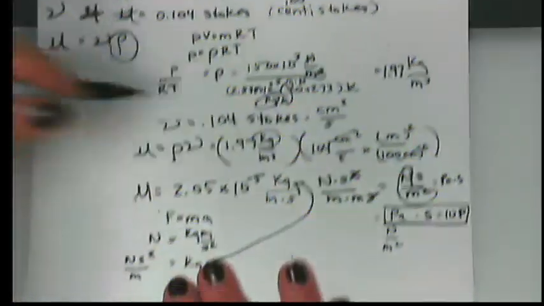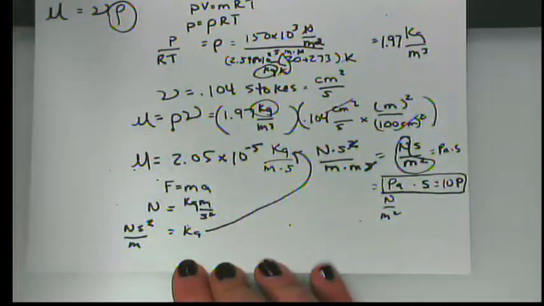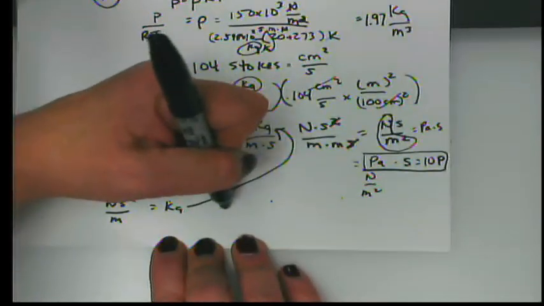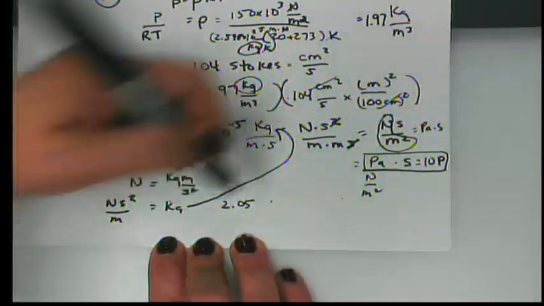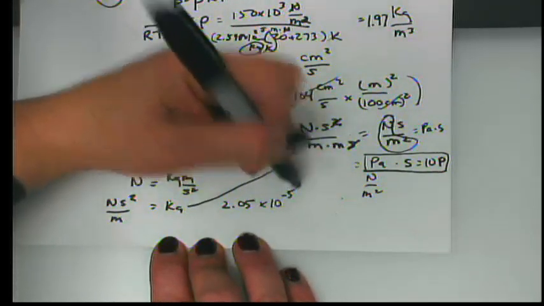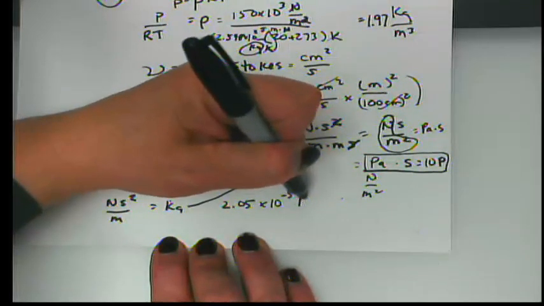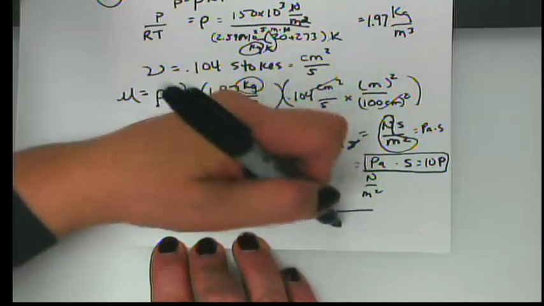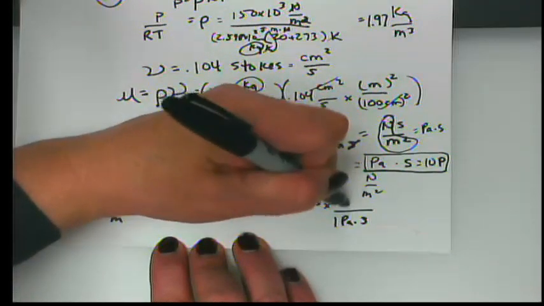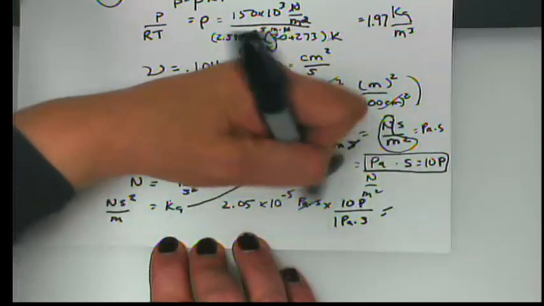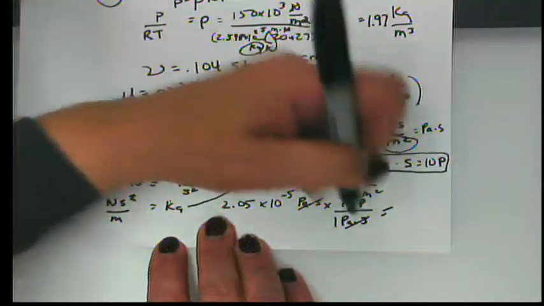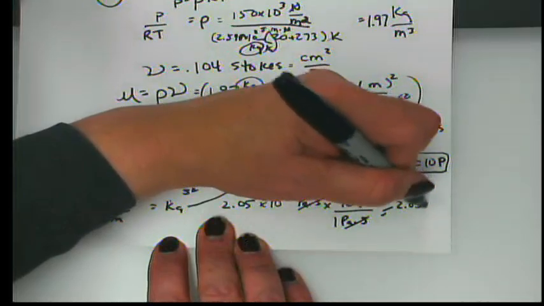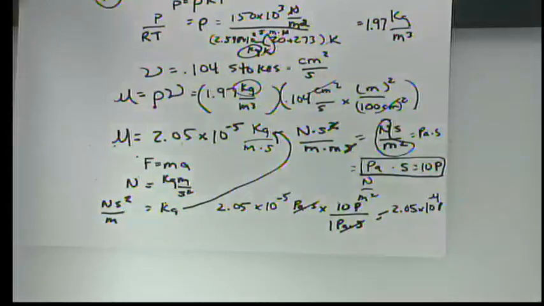So we have our value here as 2.05 times 10 to the minus 5, which we have decided is a Pascal second. And we know that 1 Pascal second is 10 poise. So if we do the conversion on that, we could also write that as 2.05 times 10 to the minus 4 poise. And a poise is the more commonly used unit for dynamic viscosity.